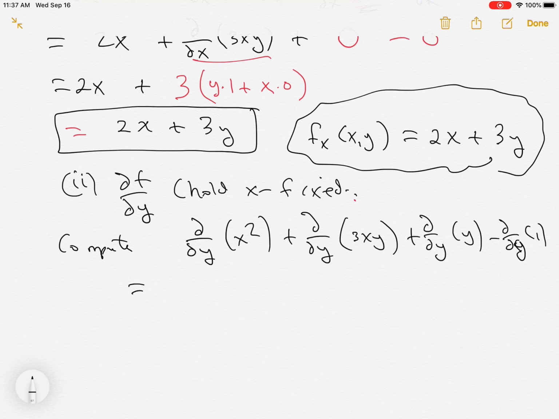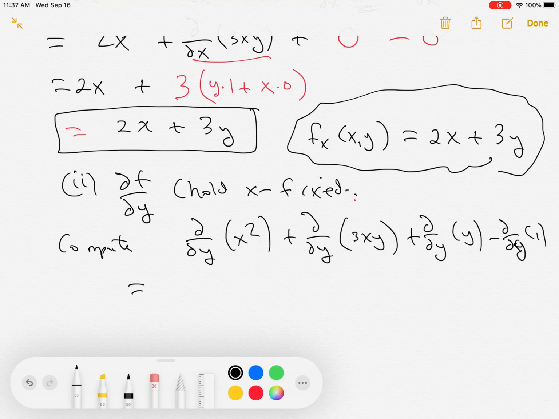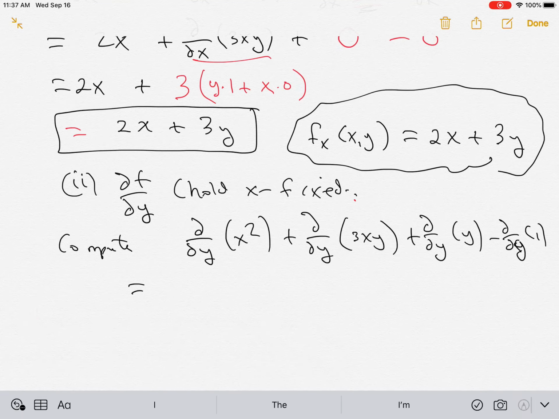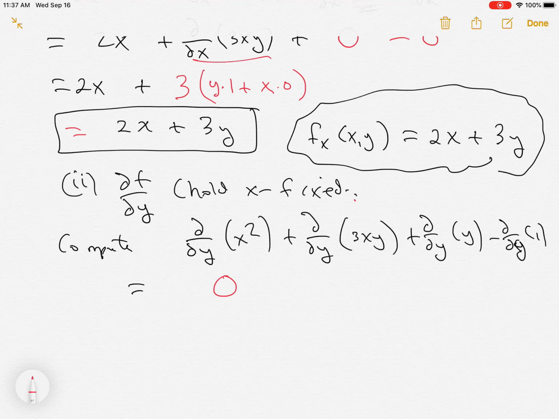Okay, so now x squared, or anything with an x in it and nothing else next to it, is treated as a constant. So that derivative is 0 plus 3.